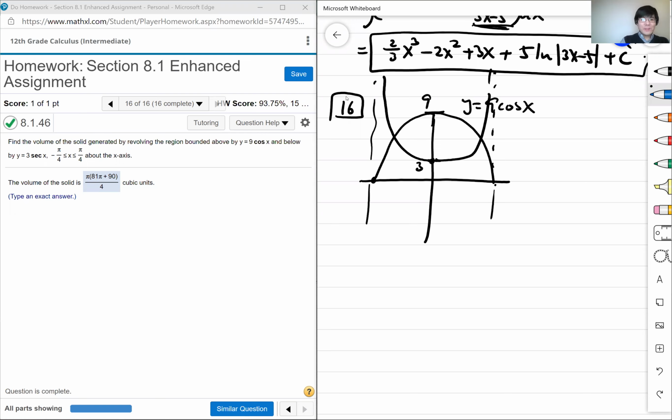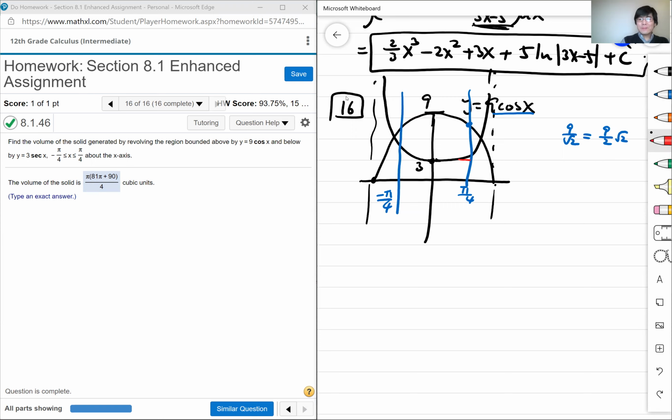We don't know when they are going to meet, but the question says integrate between negative pi over 4 through positive pi over 4. At pi over 4, 9 times cosine of pi over 4 is 9 over square root of 2, which is the same thing as 9 over 2 square root of 2.